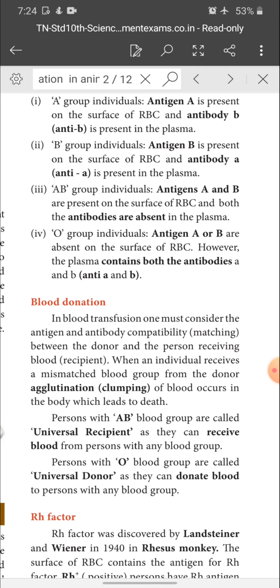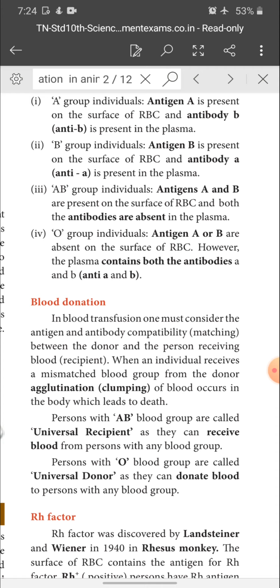So donor is A blood group, recipient is also A blood group, no problem. The recipient body will accept that blood group. But if the donor is A and the recipient is B, what will happen? There will be agglutination or coagulation, the blood getting clumped, and it leads to what? Death. So that's what blood donation is.